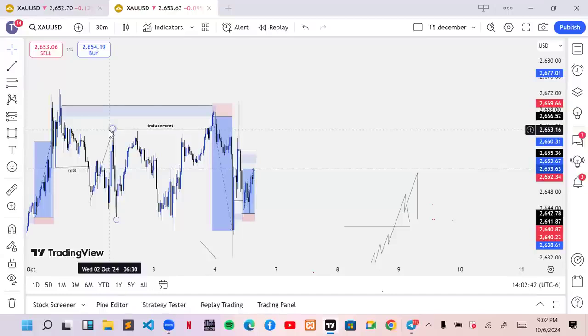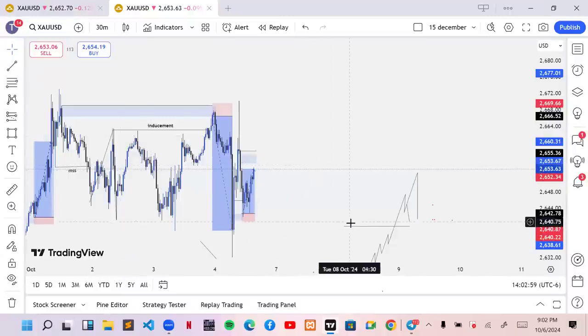It broke structure too, so this was the shift in market structure. After that, market made this pullback here that took market down to the zone it broke structure to. That is why I marked this one as my inducement. You can still mark this one, it won't matter, but I picked the first one. I always pick the first one.